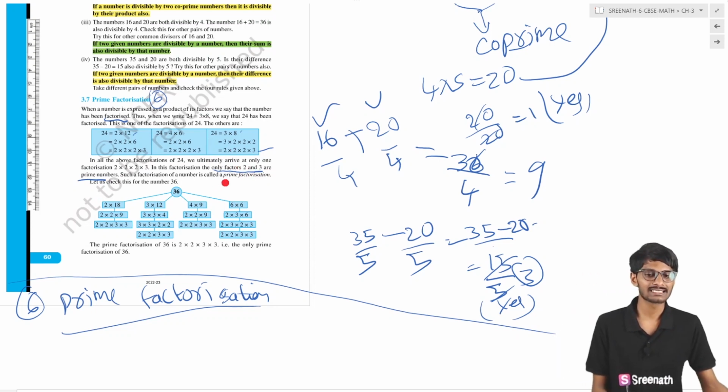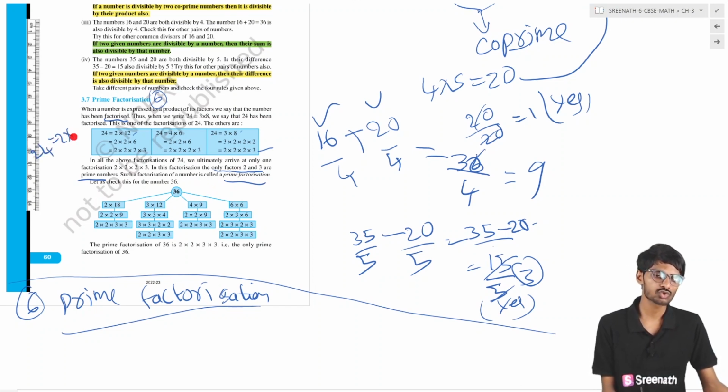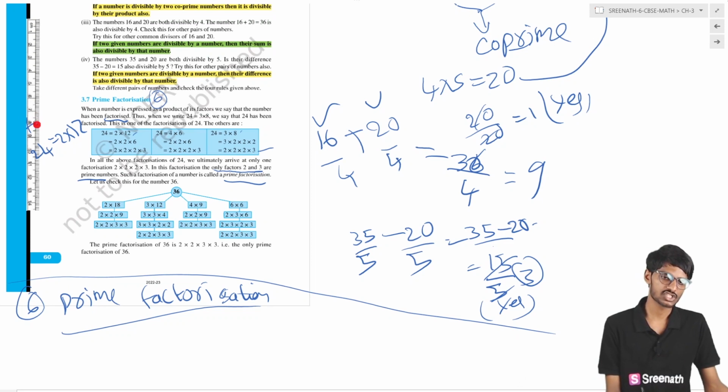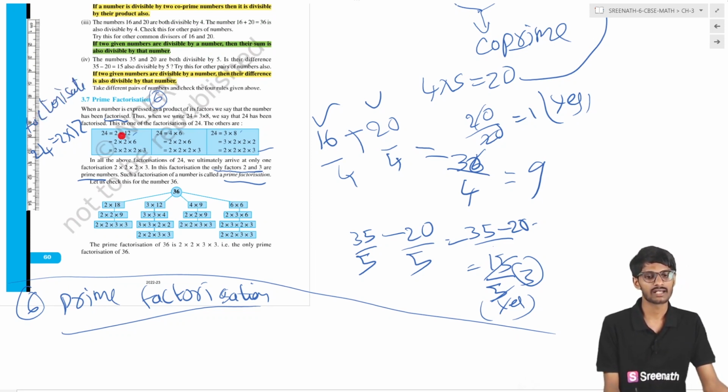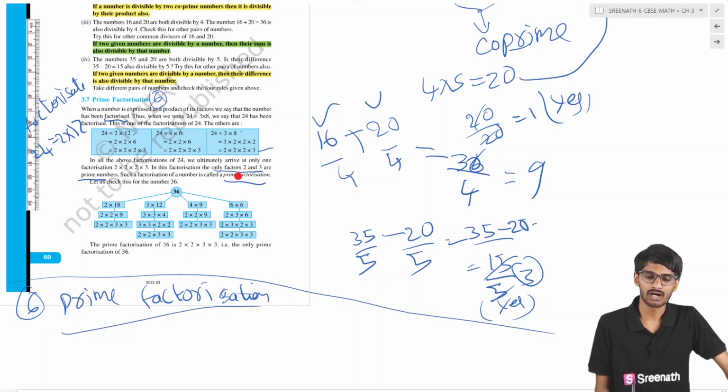So we call it prime factorization. Basically, writing 24 equal to 2 into 12, we call it factorization, and we are further writing all the basic factors for it. In all the ways you are getting the same factors. And if the factors are prime numbers, then we call it prime factorization.